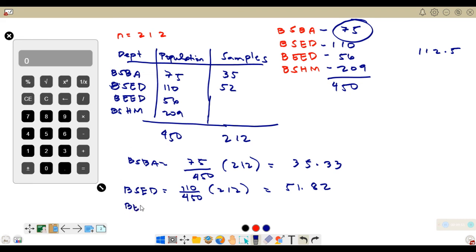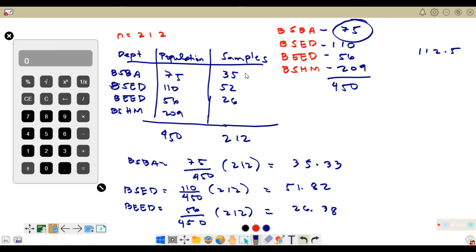For BEEd, same procedure tayo, 56 divided by the total population, 450, multiplied by 212. That is 26.38 or 26.